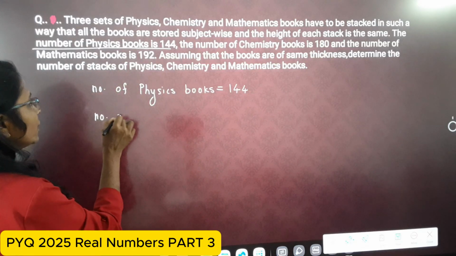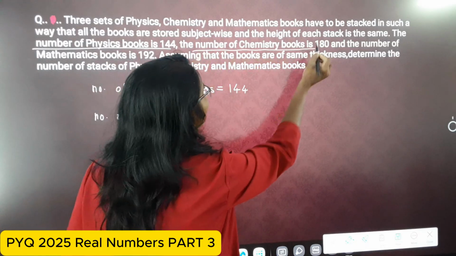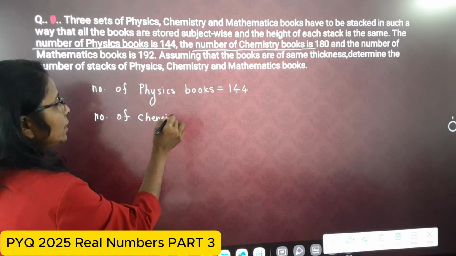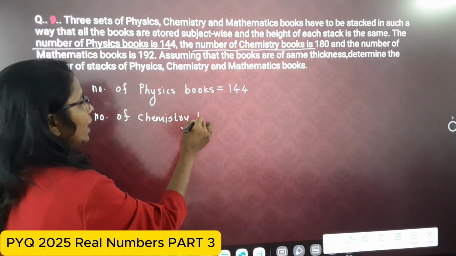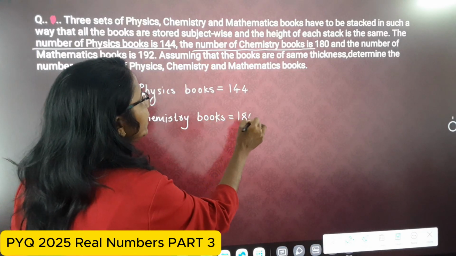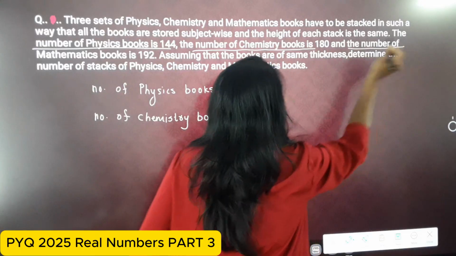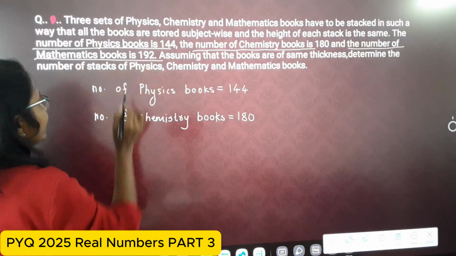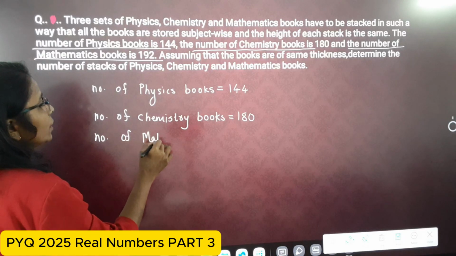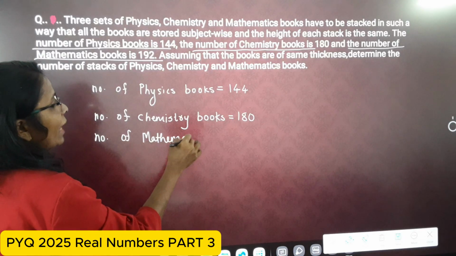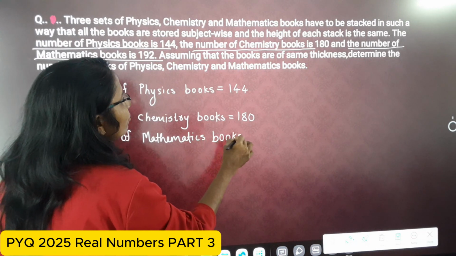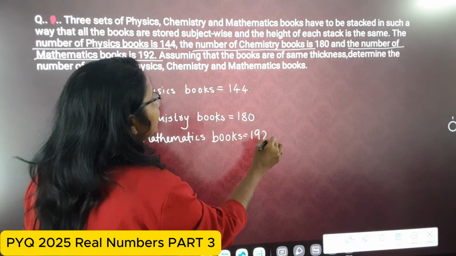The number of chemistry books is equal to 180 and the number of mathematics books is equal to 192.